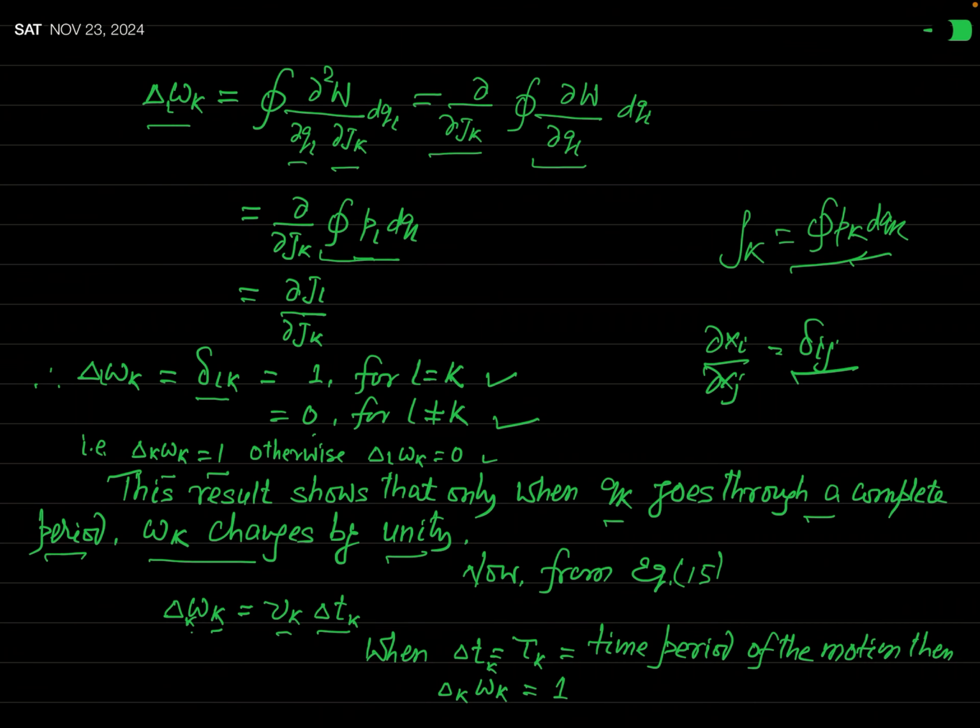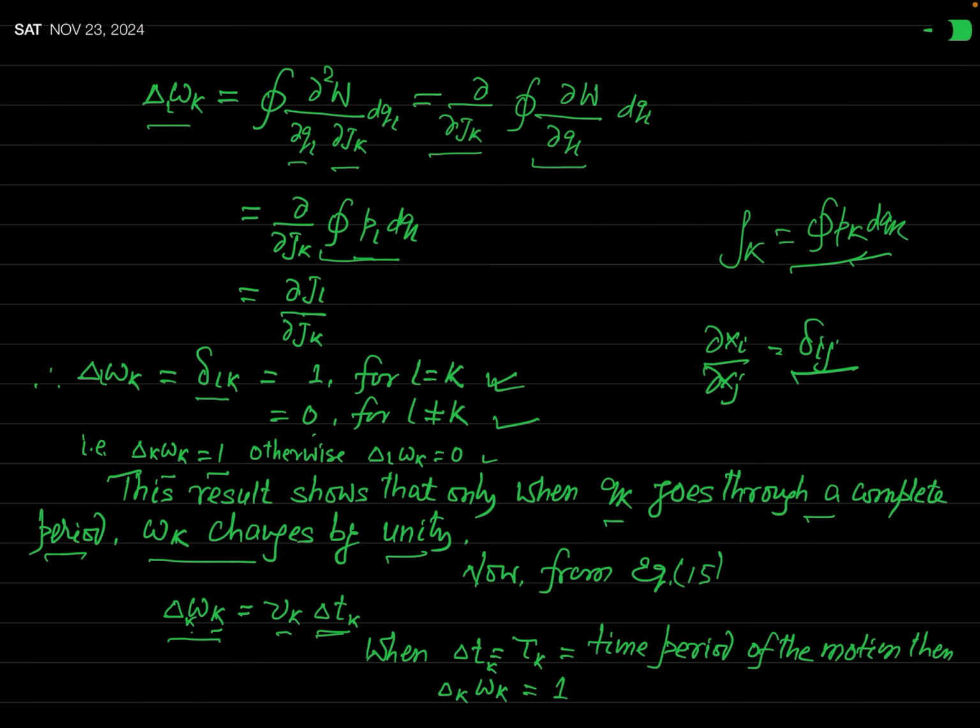Now for a complete cycle, this time interval delta tk is denoted by the symbol tau k, and this is called the period of the motion or time period of the motion. And you have seen for a complete cycle, this change delta k omega k is equal to 1.